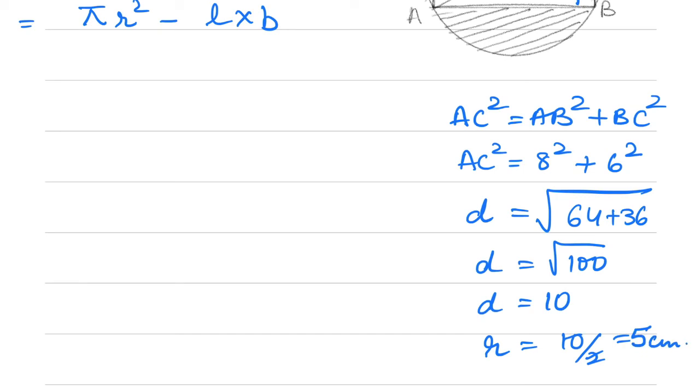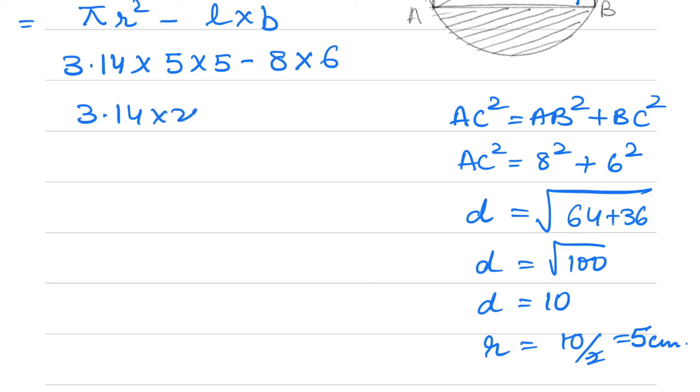So we'll substitute here. Pi we take as 3.14 multiplied by radius 5, so 5 into 5, minus length 8 into breadth 6. So we have 3.14 multiplied by 25 minus 48. 25 times 4 is 100, 25 times 3 is 75, so 78.50 minus 48.